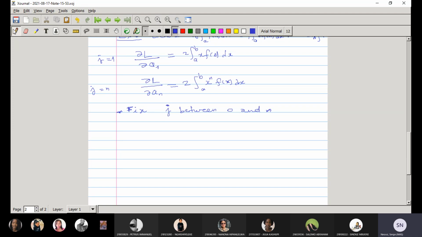I can write it this way, a0 up to an. In terms of j, this is a constant term, it's still there, f of x dx, that is f of x squared. Okay, now the middle term minus the middle term, which is our Lx, what I call Lx there.